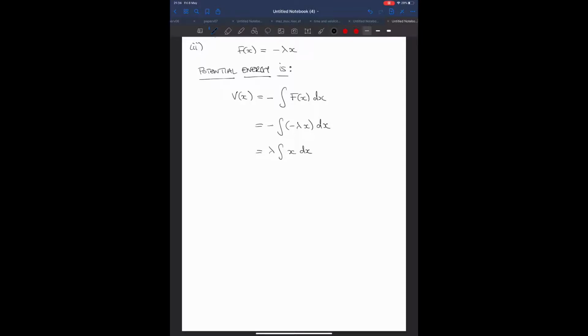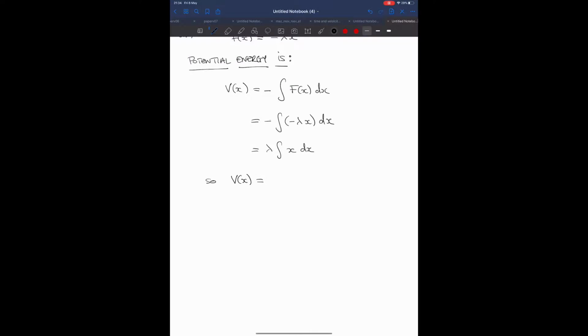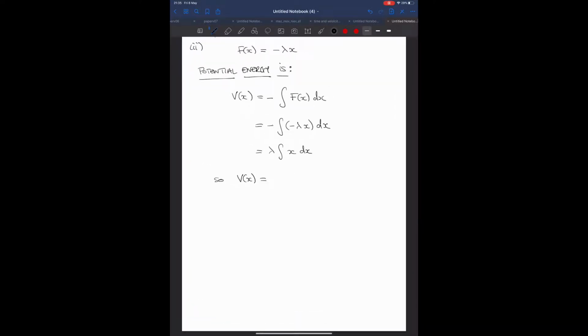This is really easy to calculate. So v of x. Don't forget, here we don't need to add the constant because that goes into the total energy for the problem. When we do the energy balance, the constant will go into the total energy. So here we just omit the constant, so that v of x is this.